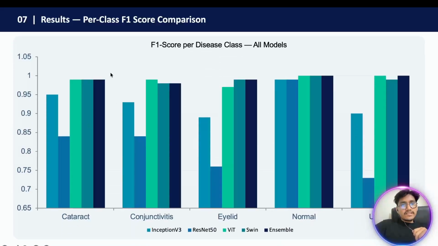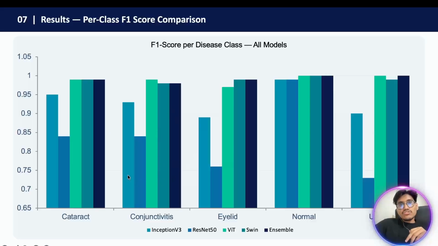Let's go by class. So first of all, cataract, all models perform well here. Inception V3 gets 0.95, ResNet 50 gets 0.84, and ViT, Swin and Ensemble all achieve over 0.99. Cataract has relatively distinct visual characteristics, so it is the easiest class to classify.